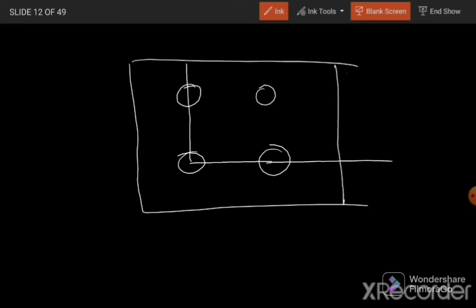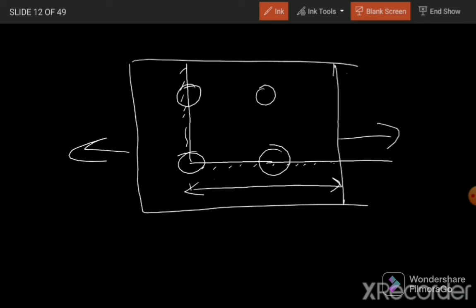If up to here we have a section, the failure will be in this much portion. In this portion there will be shear failure, and in this length there will be tension rupture, and here it will be shear.